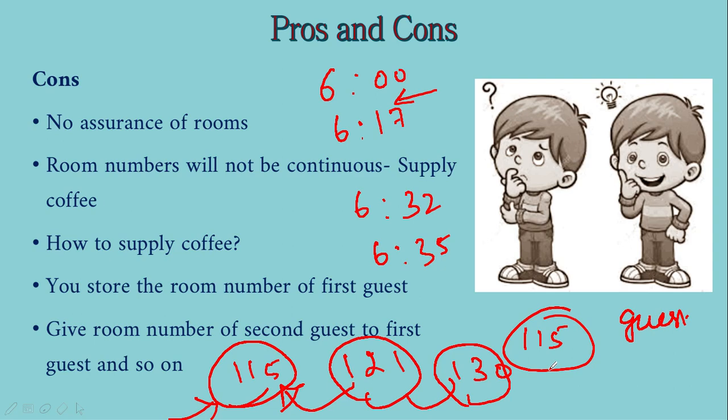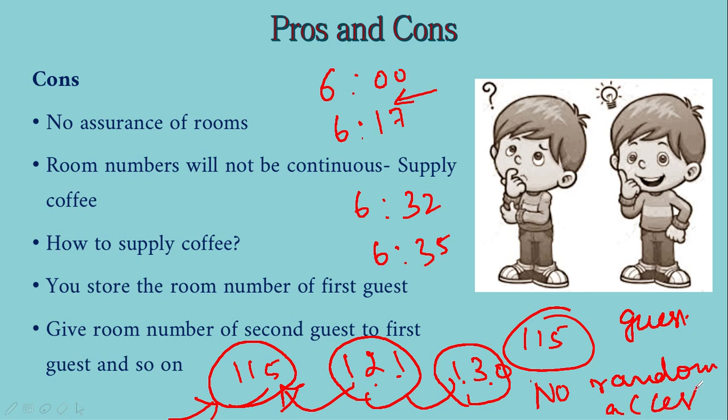But with this idea, you cannot do that. If you want to locate your 10th guest, you know only the first guest's room number, so you have to traverse: get the room number of the second, then the third, fourth, fifth, like this, and only then can you locate the 10th guest, right. So no random access is possible in this case.